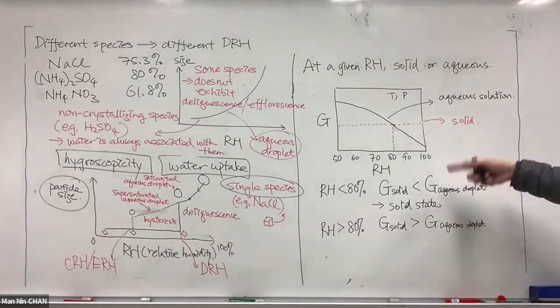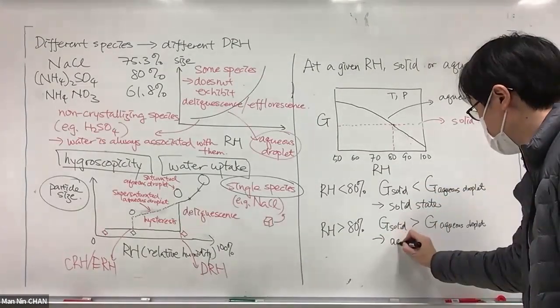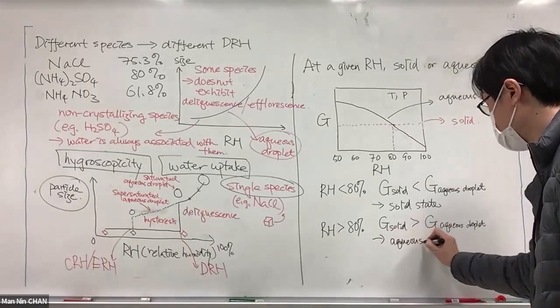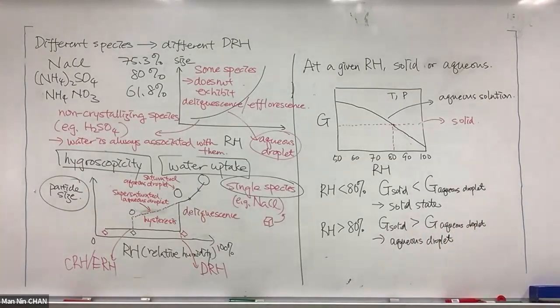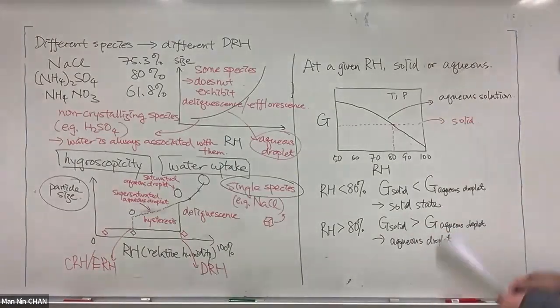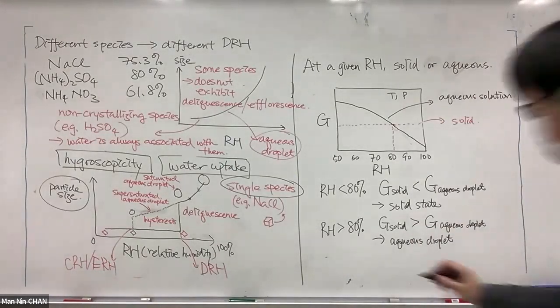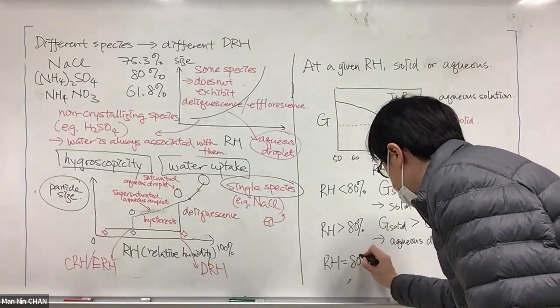So the aqueous state, or the aqueous droplet, is the preferable state in this case. Right at this point, let's say the RH equals 80%.